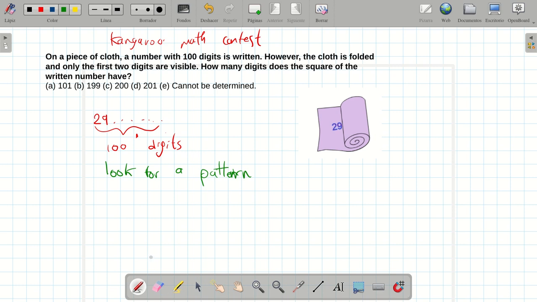So I'm going to use examples: 9 squared is 81, 10 squared is 100, 100 squared is 10,000.